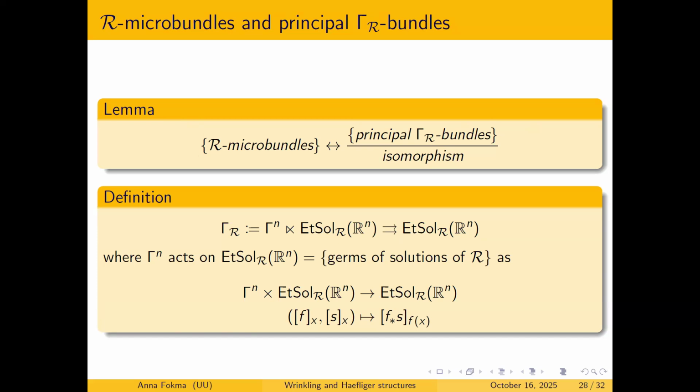Well, a similar result holds true for our microbundles if we upgrade our groupoid. So previously we used gamma, which was germs of diffeomorphisms of Rn. And now we also attach solutions, so to say. So we're considering this action groupoid because gamma acts on Etzel because it's a diff-invariant relation.